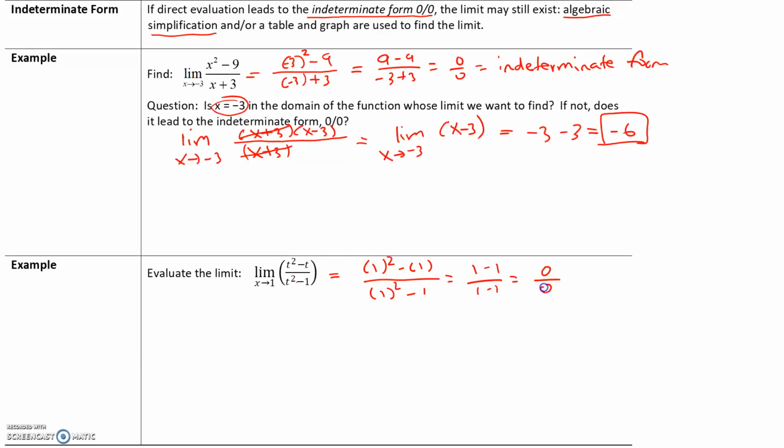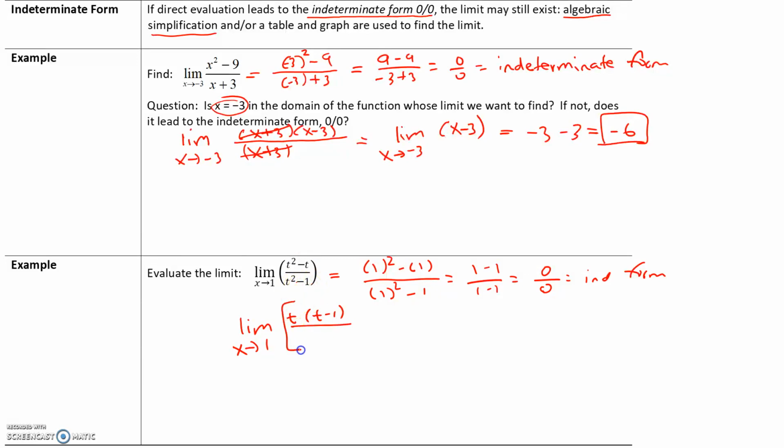Okay, once again, we get 0 over 0, which is the indeterminate form. When we have the indeterminate form, let's do some kind of algebraic simplification. So now I'm going to rewrite this as the limit as x approaches 1. T squared minus t, you can factor out a t, which is the greatest common factor. So if I factor that out, I get t times t minus 1.